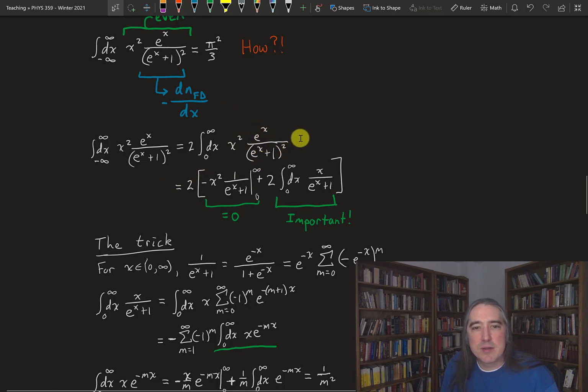We integrate this thing to get minus the Fermi-Dirac distribution, from 0 to infinity again. At 0, this kills it. At infinity, this kills it. So that's all 0. And when we take the derivative of this, with a minus sign from the integration by parts and a minus sign here, we get plus 2x times the Fermi-Dirac distribution.